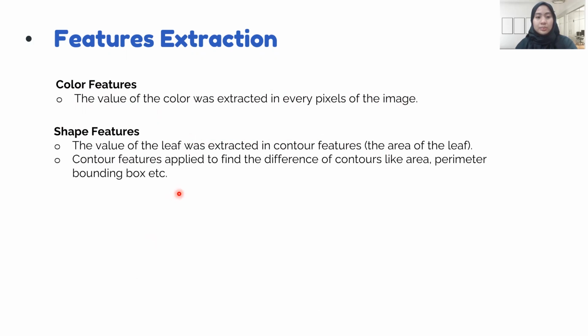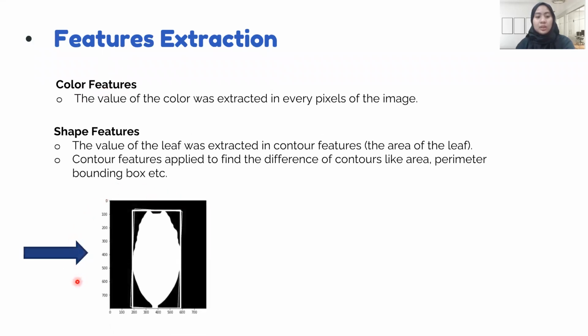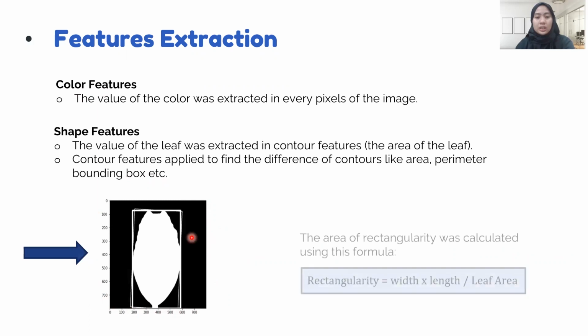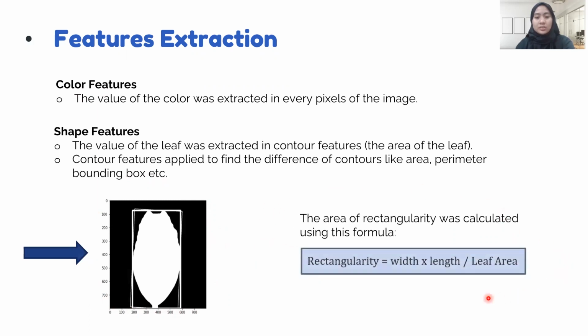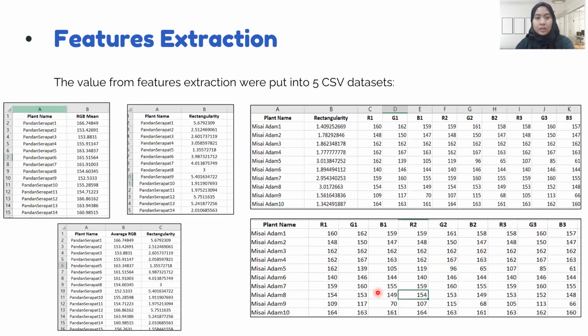Contour features are applied to find the differences of contours like area, perimeter, bounding box, etc. So this is an example of how we get the value of the shape features. And then the right side is the formula that was used to calculate the area of rectangularity. Okay, next, after we extract the value of features, we put them into 5 different CSV datasets.